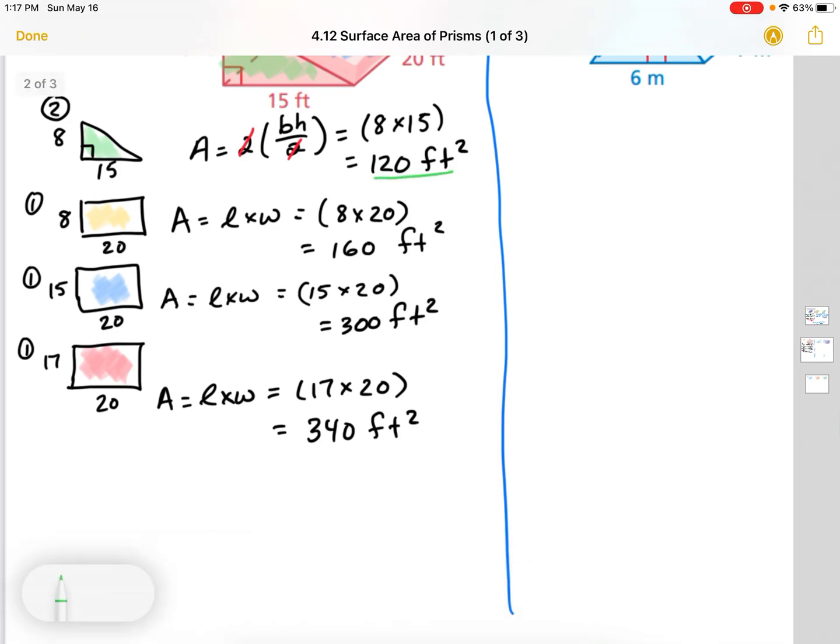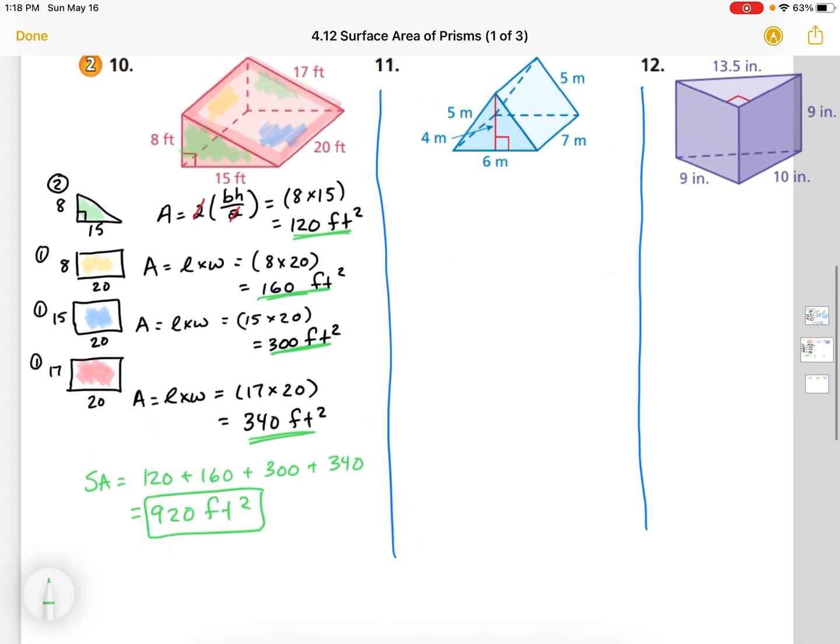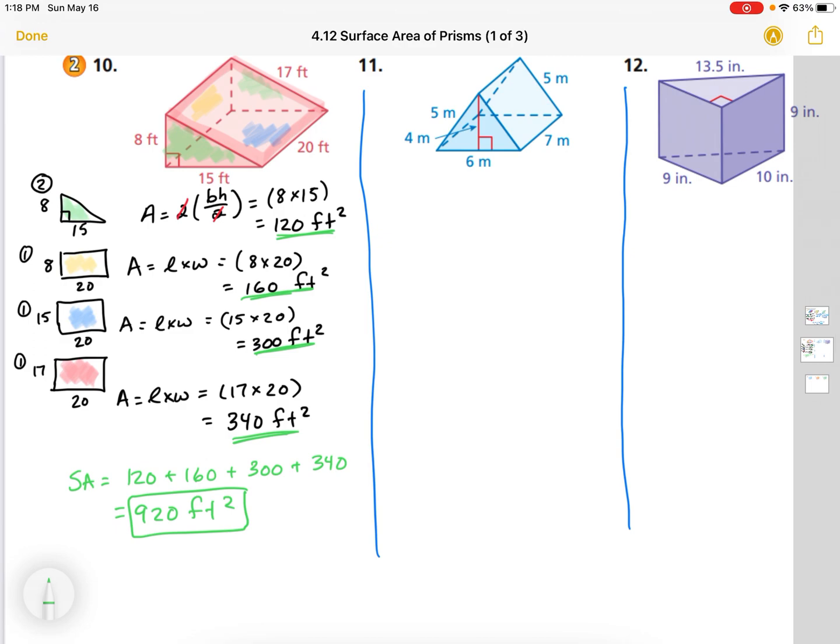What we need to do is add all these up to get our total surface area. So surface area will be 120 plus 160 plus 300 plus 340. So we'll add all those up, and I get 920 feet squared. And we'll put a box around it. Alrighty, so that's that triangular prism.